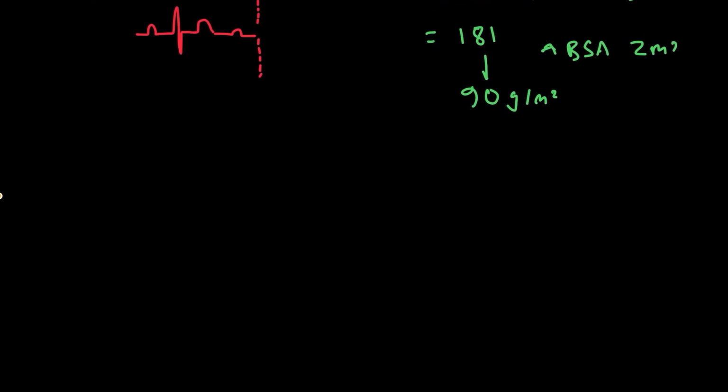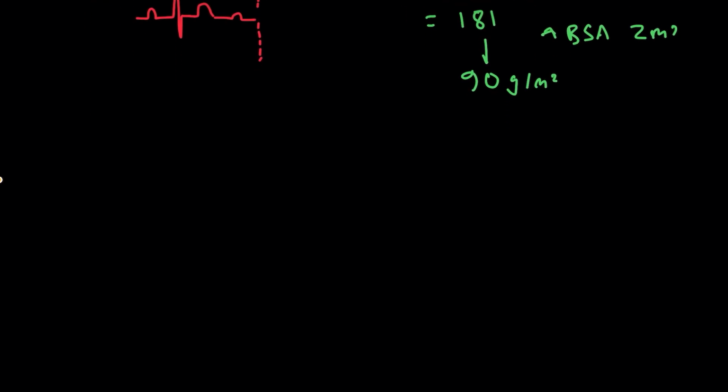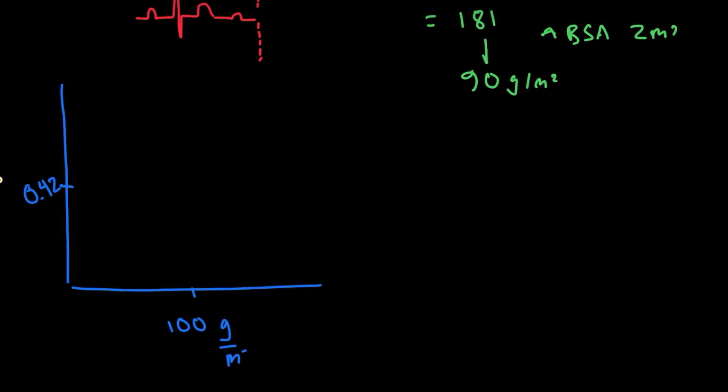So let's scroll down a little bit and plot this out. So here, I'm going to put my relative wall thickness, again, 0.42 is the cutoff for normal relative wall thickness. And then in terms of mass, we said that roughly 100 grams per meter squared is your cutoff for normal versus abnormal mass.